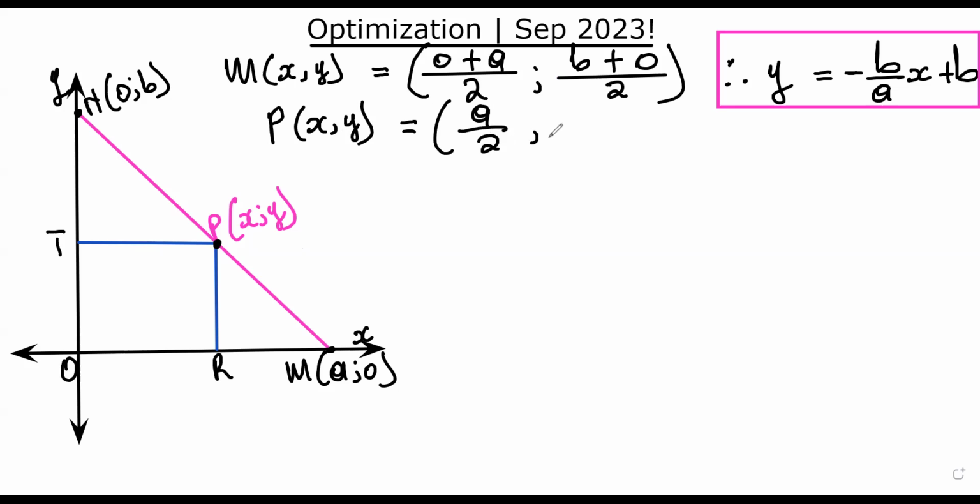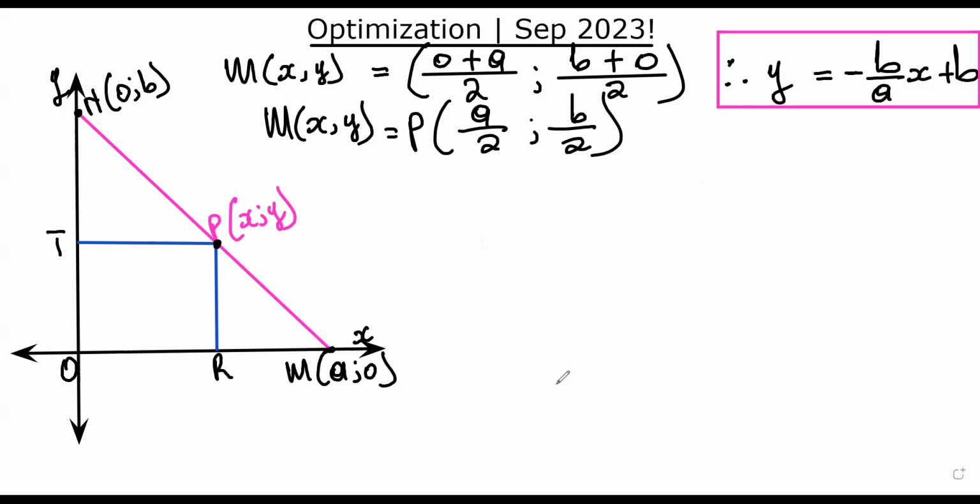So you have A over 2 for X, and you have B over 2 for Y. So these would be the coordinates of the point P. Maybe we can still keep that and do something like that. Okay, fine. So we have actually done half of the work.